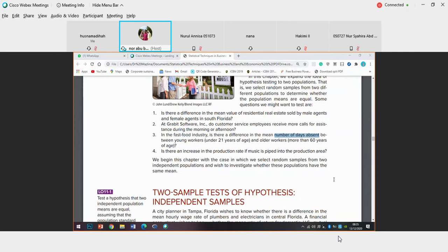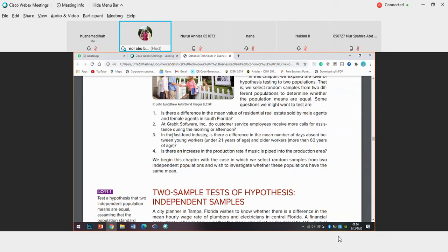Okay? Probably, kalau saya tengok, mungkin akan mempengaruhi cara saya buat keputusan untuk pilih pekerja saya daripada age yang mana.